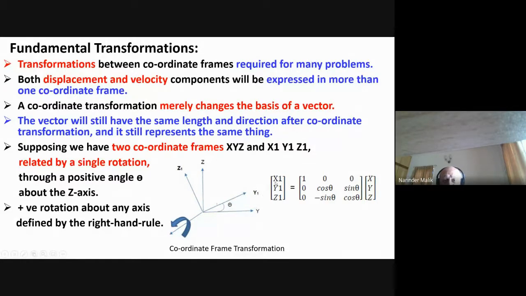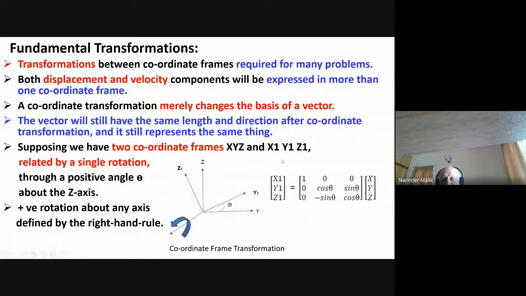Now I can write x1, y1, z1 as follows. x remains the same because the rotation is about the x-axis: 1, 0, 0. If I resolve y1 along x, y and z, it is 0, cosine theta and sine theta, and z1 is 0, minus sine theta and cosine theta.